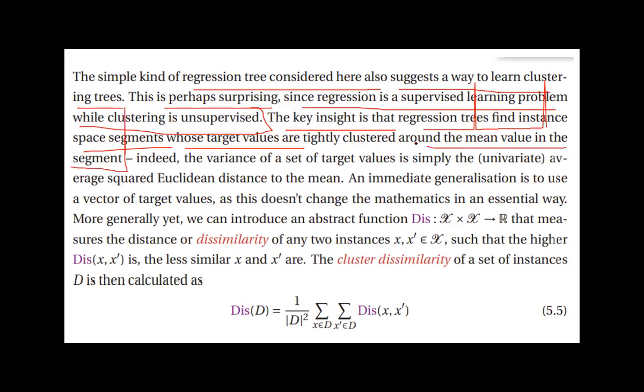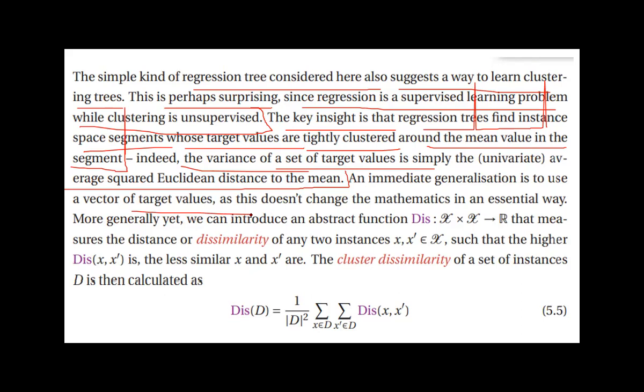Indeed, the variance of a set of target values is simply the average squared Euclidean distance to the mean. So an immediate generalization is to use a vector of target values.